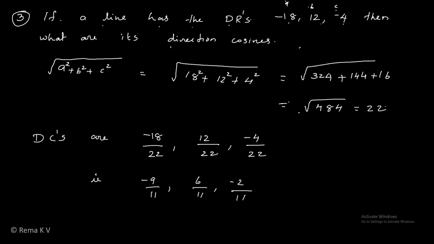This is equal to root of 484, which is equal to 22. And so the direction cosines are a by root of a square plus b square plus c square, which is minus 18 by 22, 12 by 22, and minus 4 by 22.